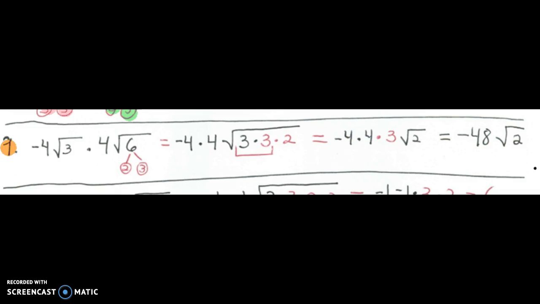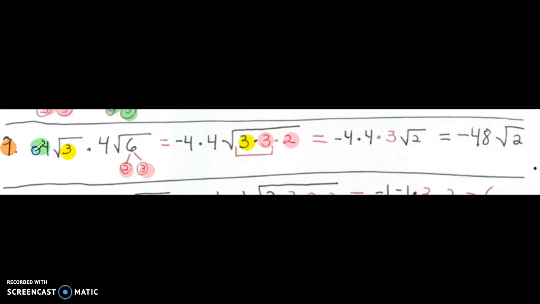In problem number 9, I am going to multiply negative 4 square root of 3 times 4 square root of 6. 3 doesn't factor, so it stays under the radical. 6 factors as 2 times 3. That's where that 2 and that 3 came from.